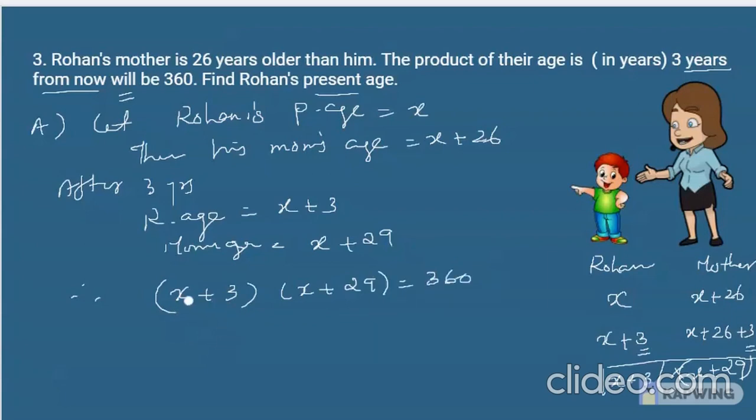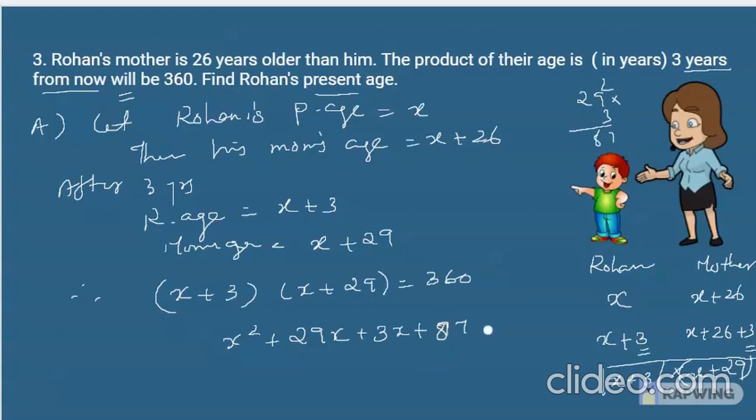So, apply distributive law. x into x is x square, plus x into 29 is 29x, plus x into 3 is 3x, plus 3 into 29 is 87. Alright? 3 into 29, it is 87.